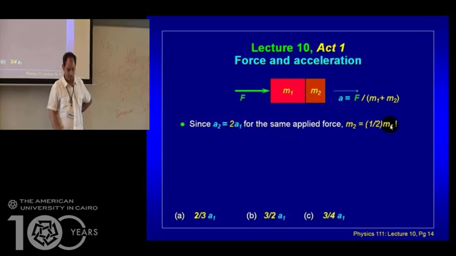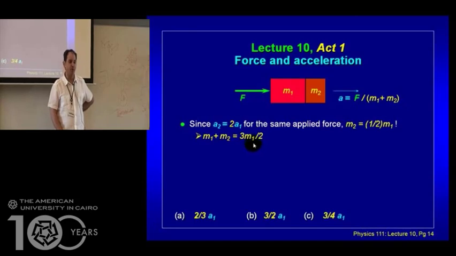Then, that means that M1 plus M2 is 3 over 2 of M1, 1.5 of M1. So I'm going to put that in the equation. The acceleration A is F divided by 3 over 2 M1. That's the equation.